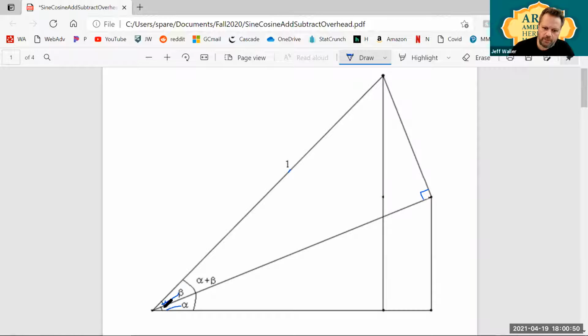What trig function would this side be related to? Cosine. Cosine, yeah. Cosine beta would equal this side divided by 1. Everybody with me? Isn't cosine beta defined to be this side divided by 1? So this side is cosine beta. Sweet.